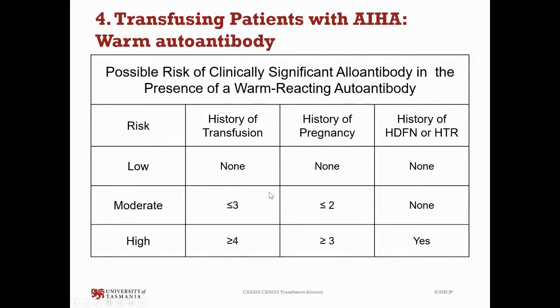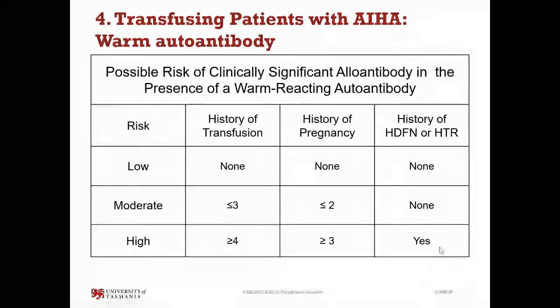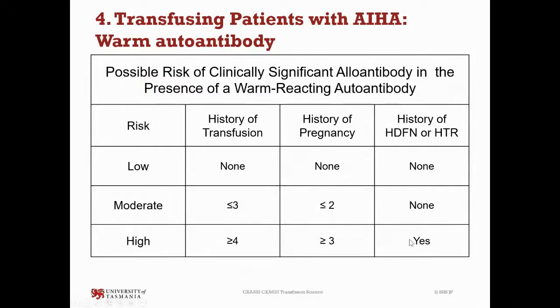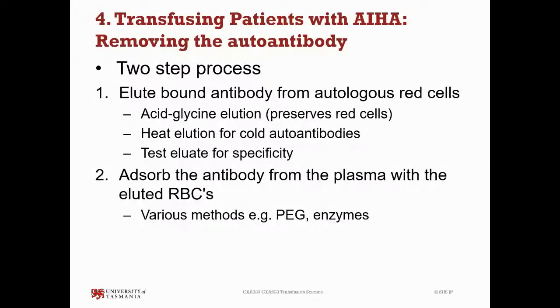As the history of transfusion, pregnancy, hemolytic transfusion reactions or HDFN increases, the risk of an alloantibody being there becomes moderate or high. So you do everything you can to see the likelihood of an alloantibody being there. That gives you some comfort as to the risk associated with transfusing a patient with a warm autoantibody.